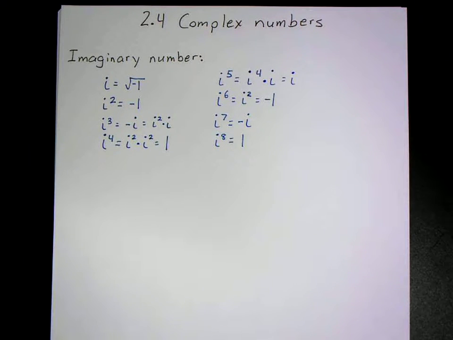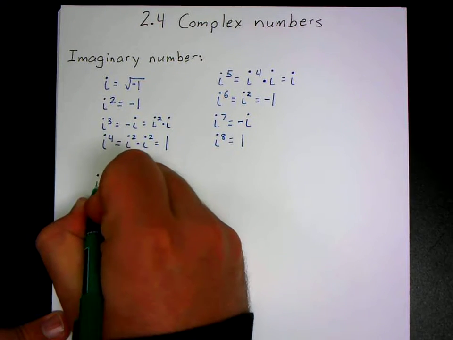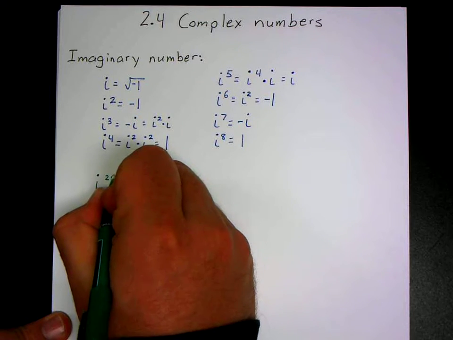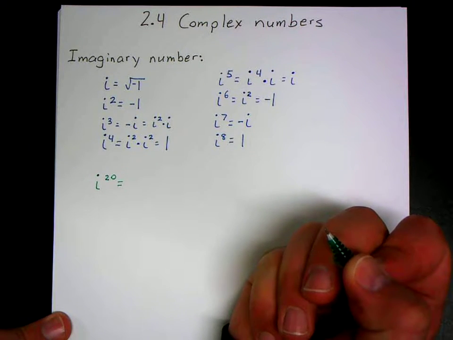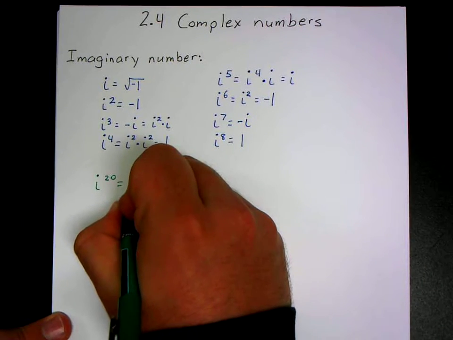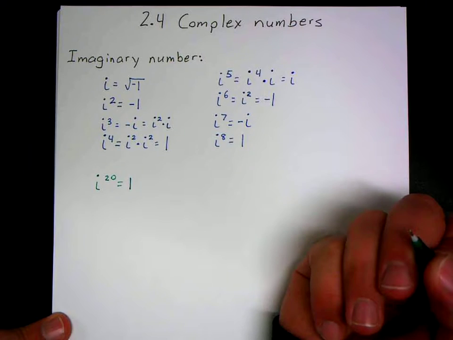So what do you think i to the 20th would be? 1. Any multiple of 4 would be 1.